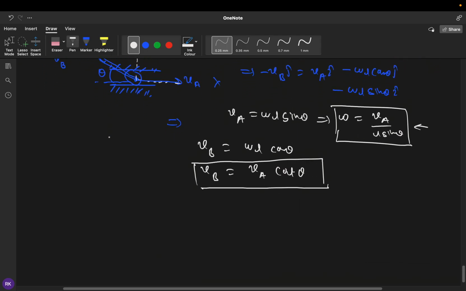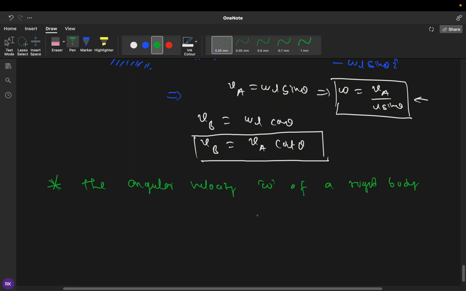And there is one more important point you need to note, the angular velocity omega of a rigid body in plane motion is always independent of the reference point.